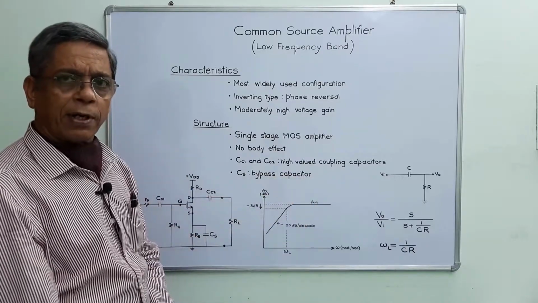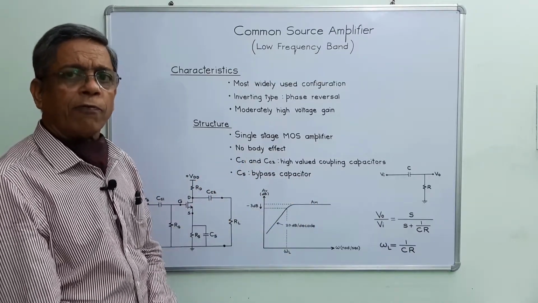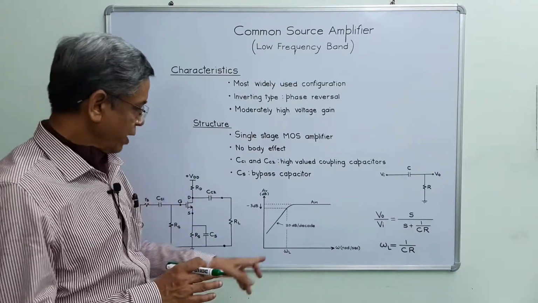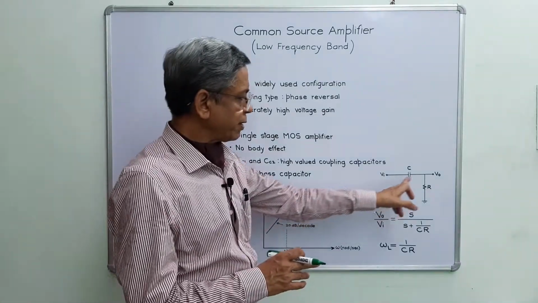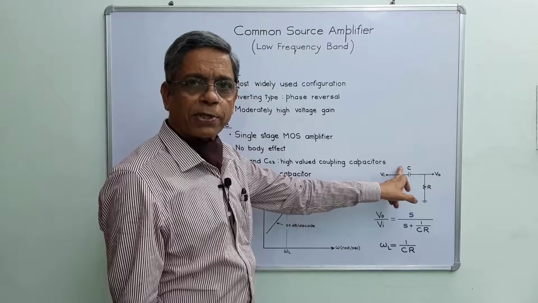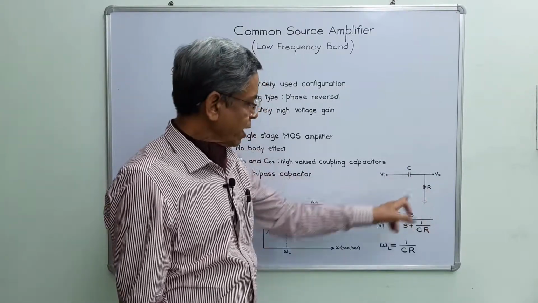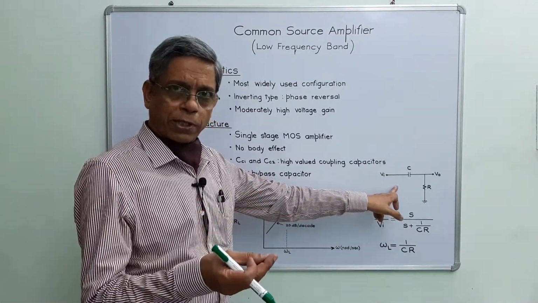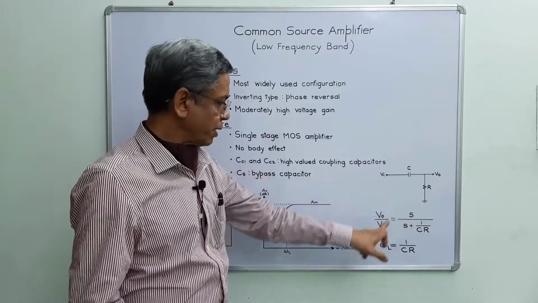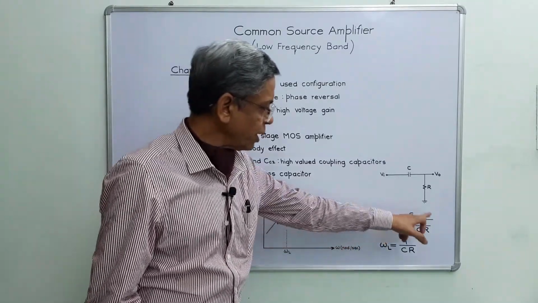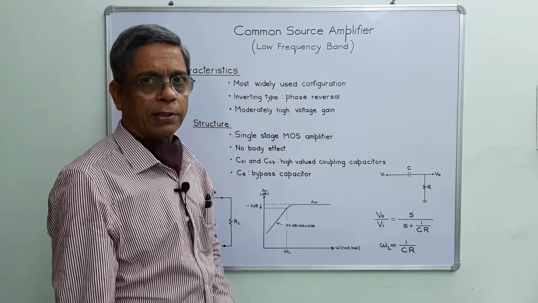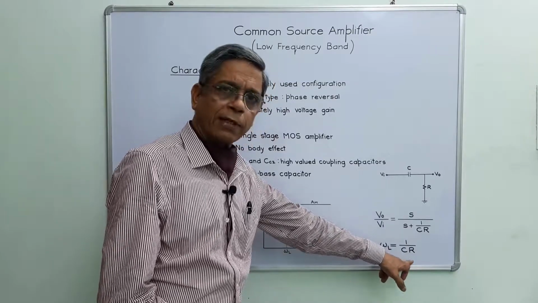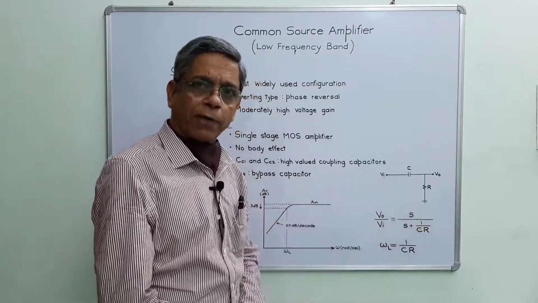We can represent this common source amplifier, which shows the behavior of a first order high pass network in low frequency band, by a very simple circuit, putting a capacitor in series and R in a shunt way. This is the transfer function of voltage gain for this single time constant or first order high pass network. By looking at this equation, we can write the expression for lower 3 dB frequency. This is simply 1 by CR, and CR is the time constant for this network.